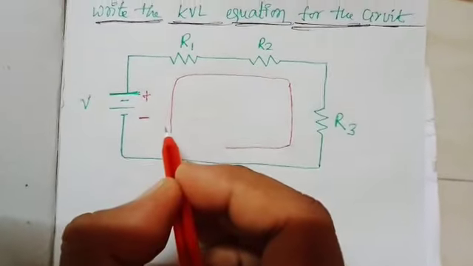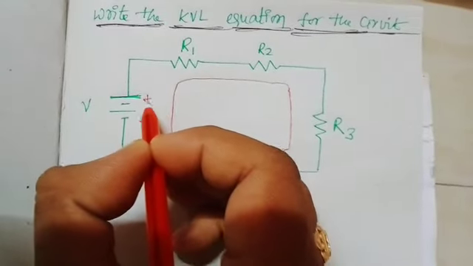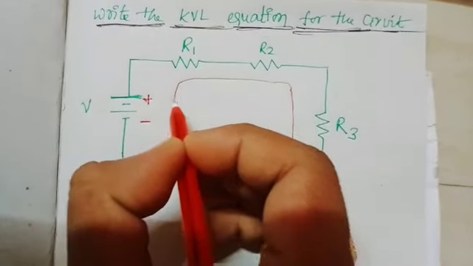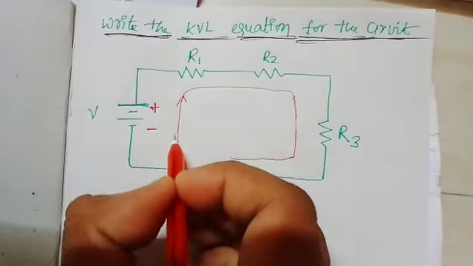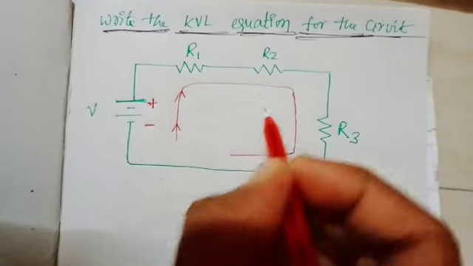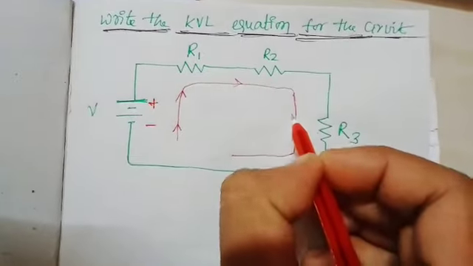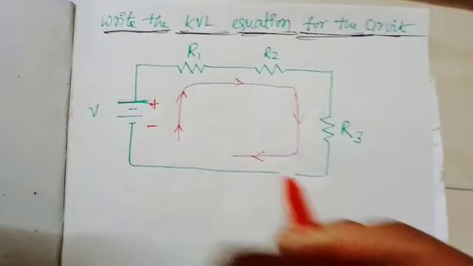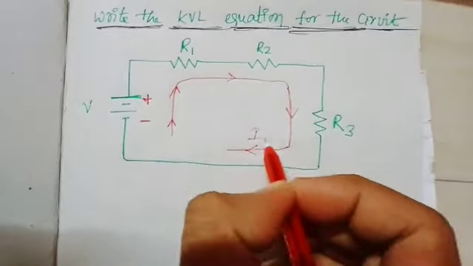The current is always coming from the positive terminal of the battery and entering at the negative terminal of the battery, right? So this is the current direction. Let us say the current is I.